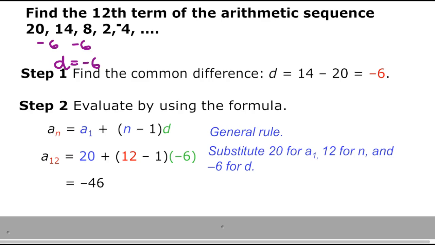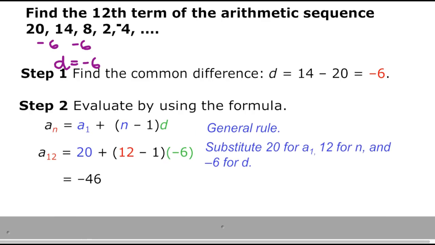If you were going to read the book and look at an example, this is what it might look like. There's the sequence. Step 1, find the common difference, and then you can evaluate by using the formula that you would generate. So where does the 12 come from? Because you wanted the 12th term, right? So n is 12, that's the 12th term.